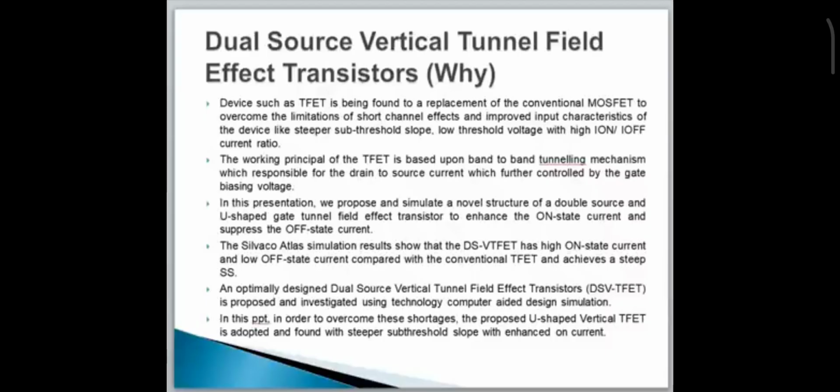There is one drawback of the conventional TFET, that is low on state current. To increase the on state current, we have introduced a novel structure, that is the dual source vertical TFET. It will enhance the on current and increase the I-on-I-off current ratio.